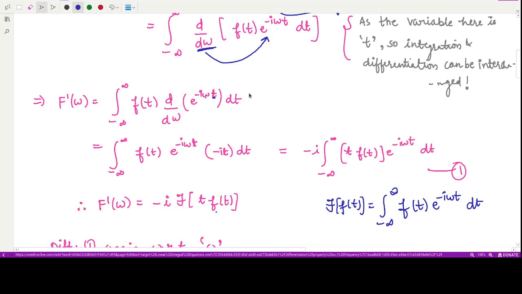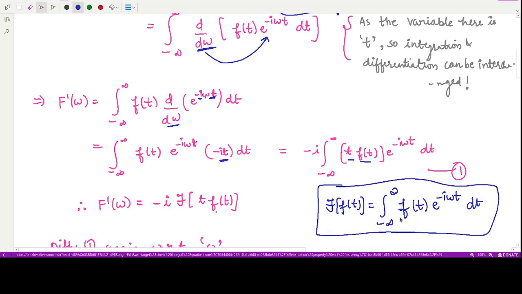When you take the derivative of this term, the coefficients minus iota and t come out as multiplication, and all the other terms stay as such. So you have minus iota into t f of t times e to the power minus iota omega t. Now if you look at the definition of the Fourier transform of some function, whatever is the function here forms the Fourier transform.